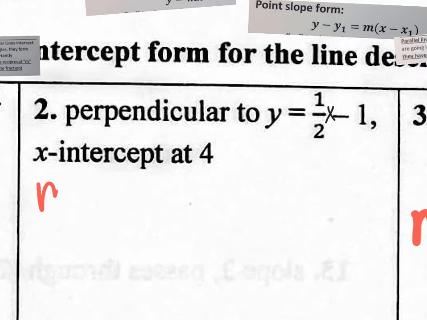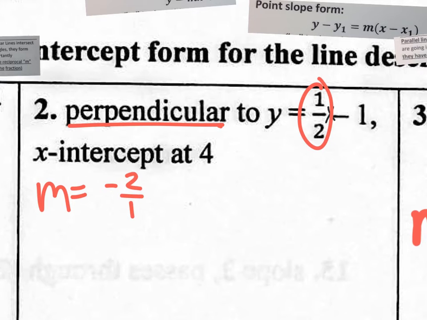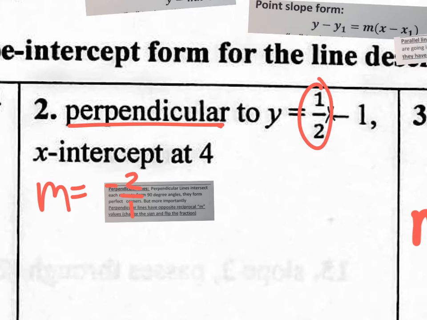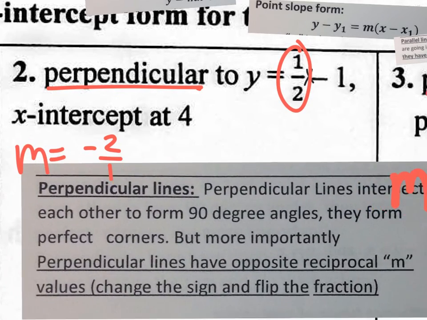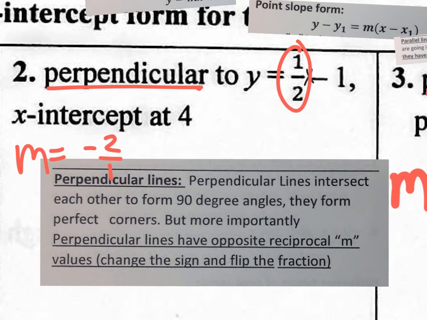What is our m value going to actually be if this line is perpendicular and their slope is 1/2? It's going to be -2 over 1, right? The slope is really going to be -2 over 1. Remember, perpendicular lines have opposite reciprocal m values.